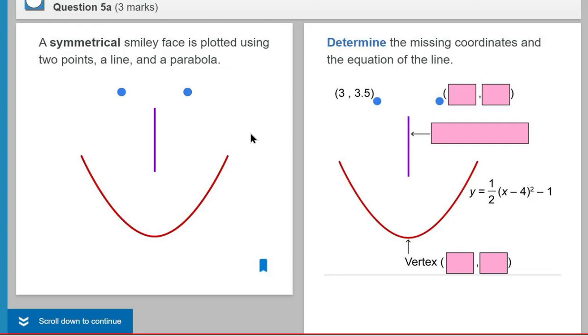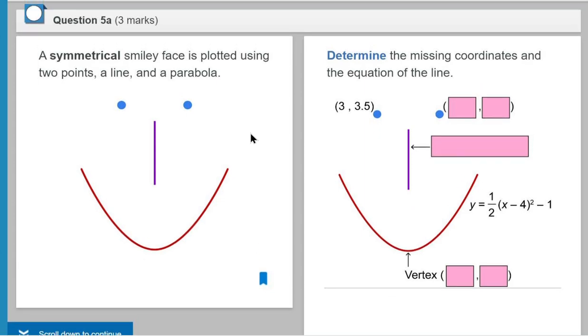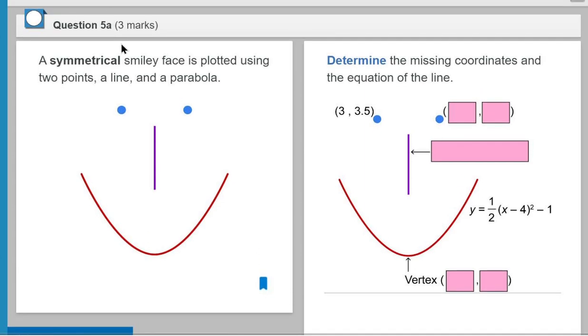Now, question number 5, part A says that you have to determine the missing coordinates. It's 3 marks. Look, the vertex, which is the turning point, you know is written in the form a times (x minus h) whole squared plus k, right?